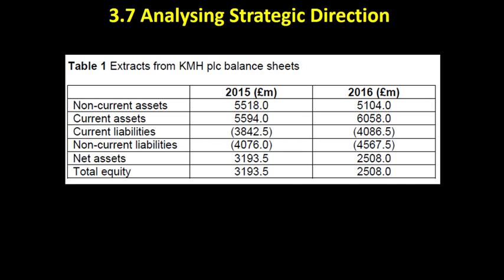This is an example of a balance sheet that was provided for the 2017 summer exam series in A-level paper 3. Just very quickly having a look at these figures, well, we can see that in both 2015 and 2016 they're going to get in more money than they owe in the next year.